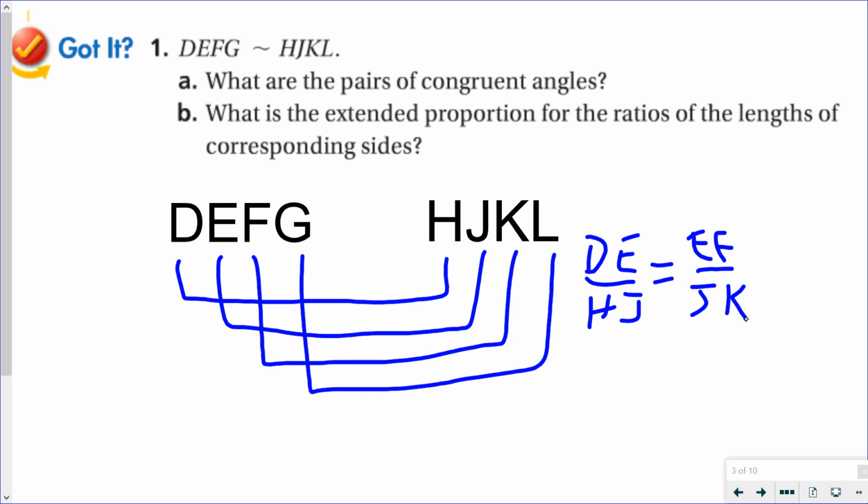The third and the fourth, FG over KL. And since there are four sides and four angles, there's one more ratio that I can write, and it would be the first and the last. So DG over HL.